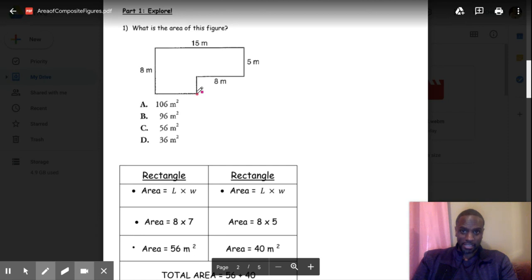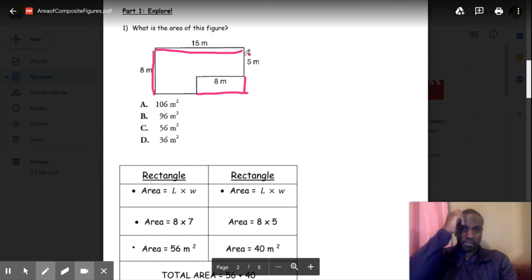So I can actually do this. I can actually make this a large rectangle. So this one will be 18 because the length is 15 and the width is 18. 18 times 15, find out what that is, and then subtract it from this little bitty piece right here, okay? So I know that this piece is 8, but this piece right here is not 5.